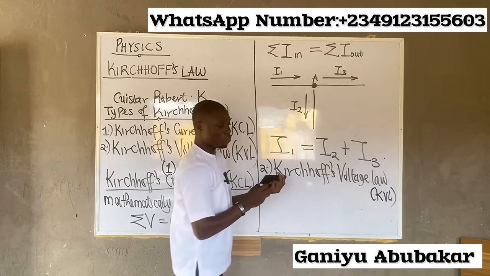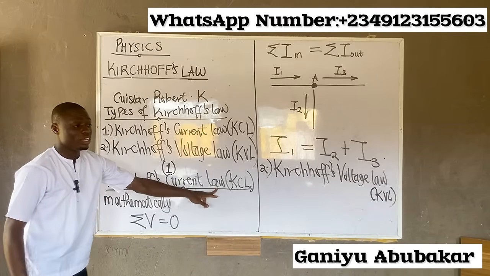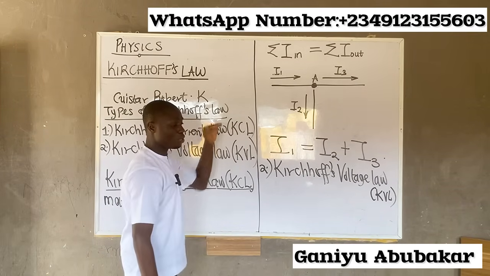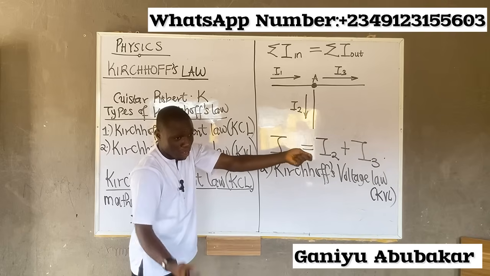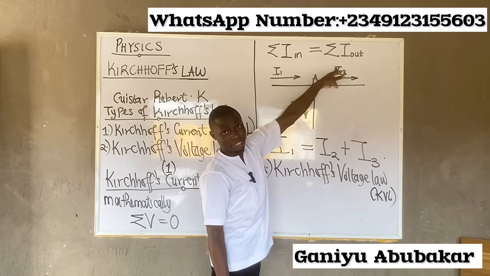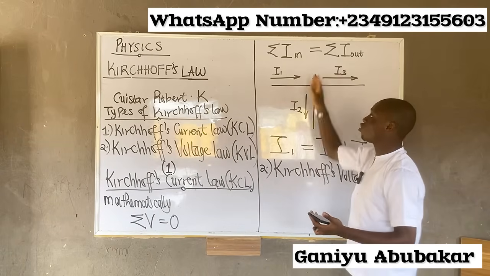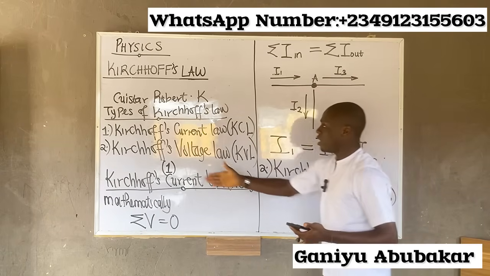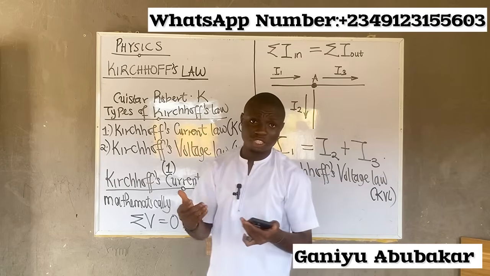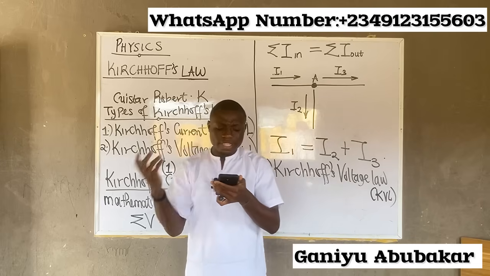Please don't forget, we said that for Kirchhoff's current law, the sum of current flowing in comes first before out, not out before in, please. So the sum of current flowing in must be equal to the one coming out.